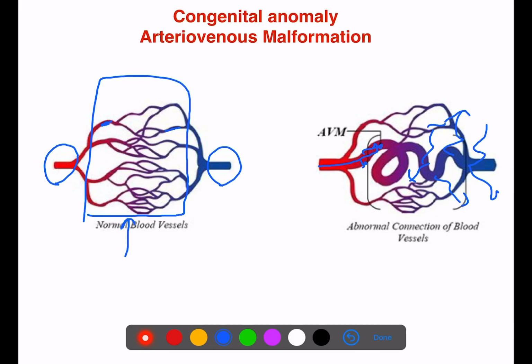Arteriovenous malformation, abbreviated AVM, is common in humans. In animals, it is recorded in dogs. It's dangerous and fatal, depending on the site where it is located. Within the brain, we can imagine what hemorrhage of the brain can lead to.